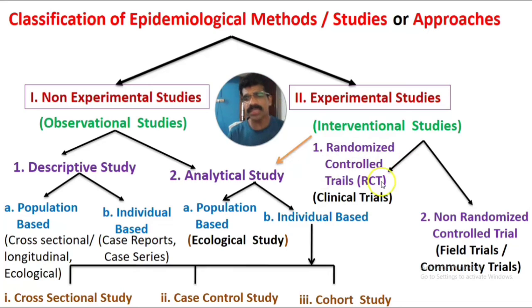Randomized controlled trials use a randomization process to select the sample, and non-randomized controlled trials do not use a randomization or systematic process to select the study group and control group. Randomized controlled trials are done in clinical settings, special labs or hospital settings. Non-randomized controlled trials are used in field or community trials to identify the effectiveness of health education or vaccination programs in community settings.